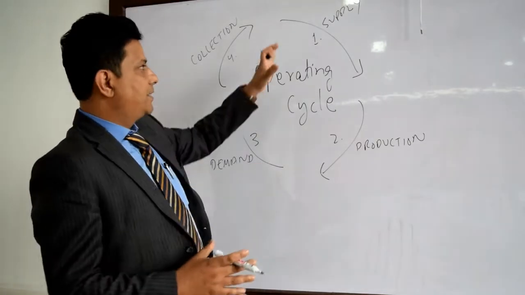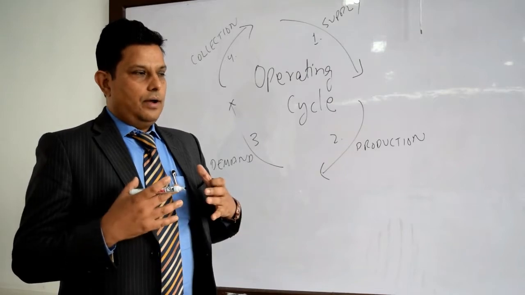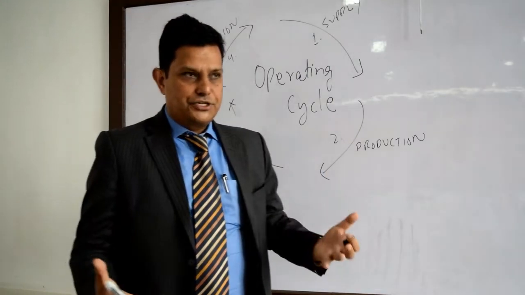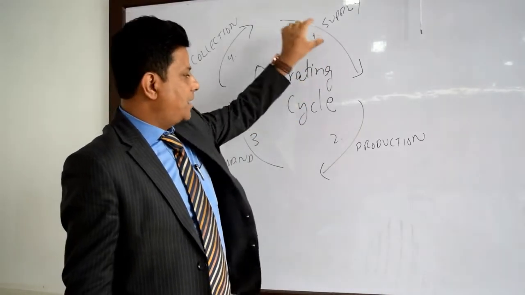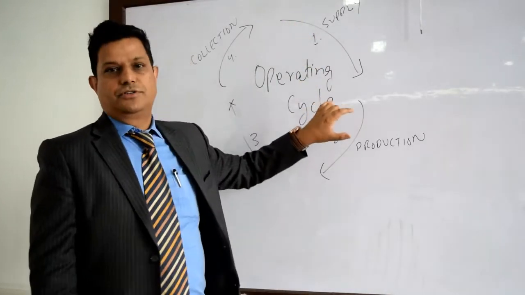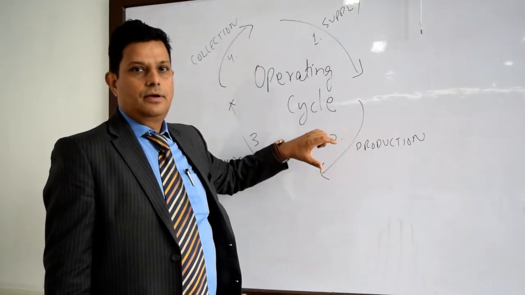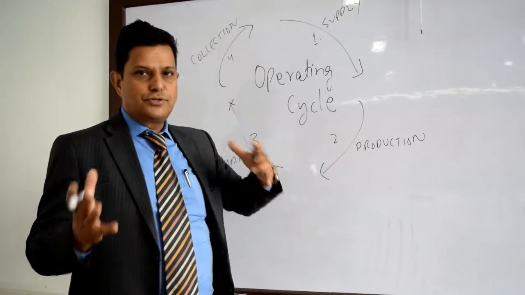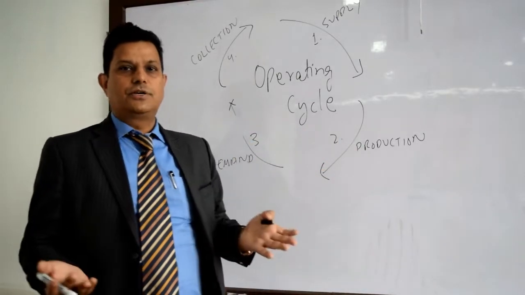Now let's break it down. When any business is in operation, the first step is supply. Supply precedes production, which means supply comes before production. In a manufacturing unit, it's much easier to understand.